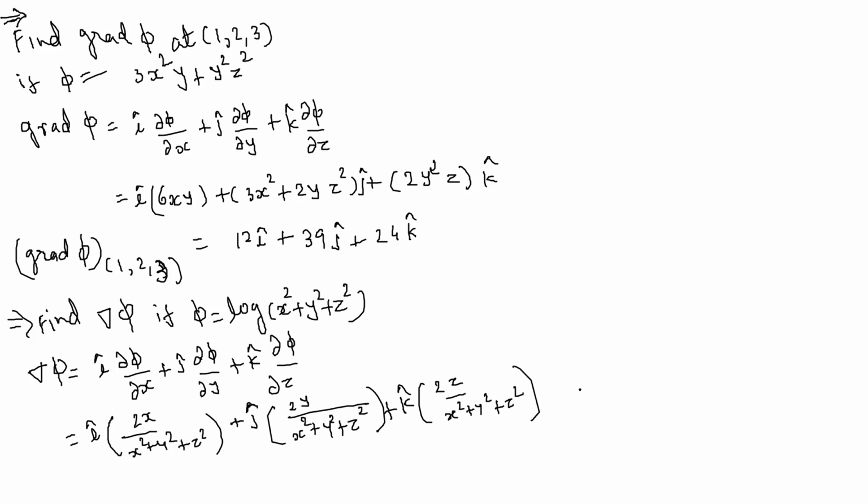Wonderful. That's equal to. What is common here? 1 upon x square plus y square plus z square, 2 is common. So what do we have inside now? i cap x, y j and z k. Okay.